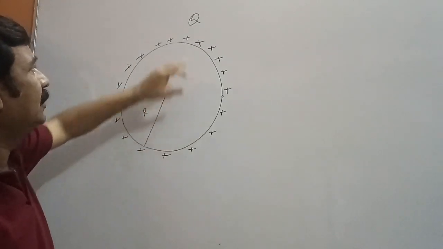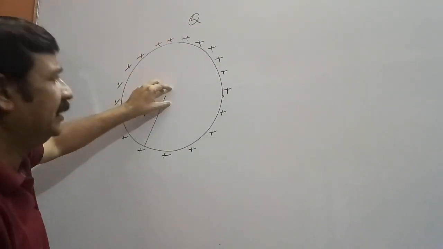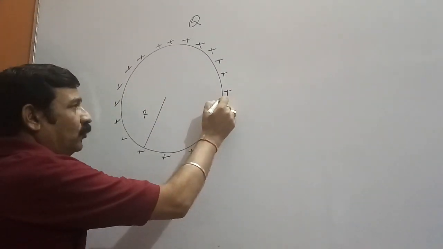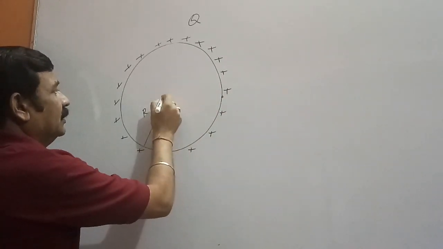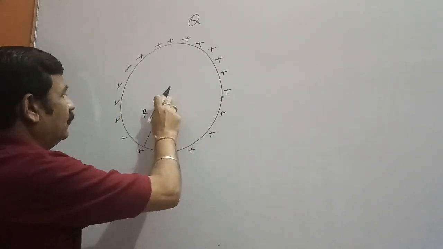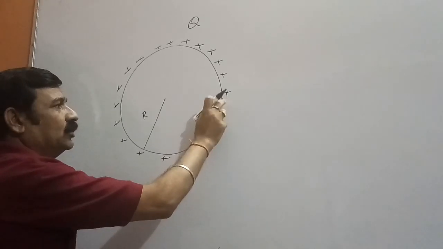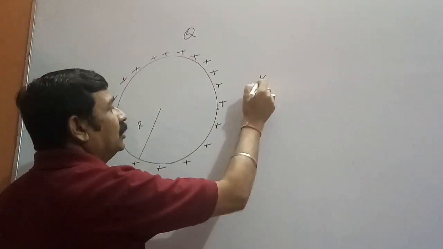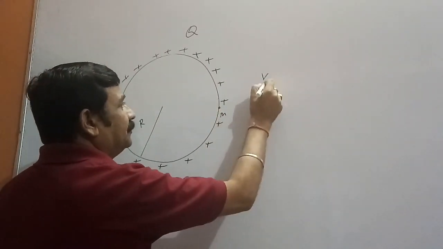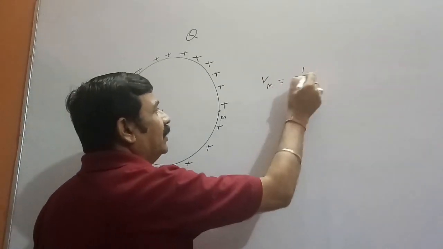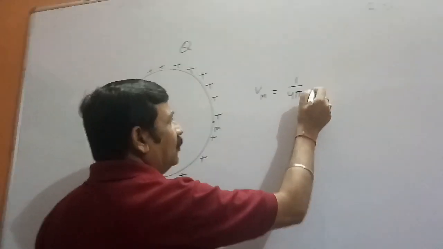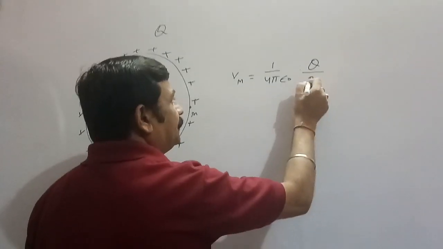So if we suppose that total charge Q is present here, and there is a point on the surface of the conductor, then definitely the distance of the point from the center will be R. So potential here, let this point be M, will be 1 upon 4 pi epsilon naught Q by R.